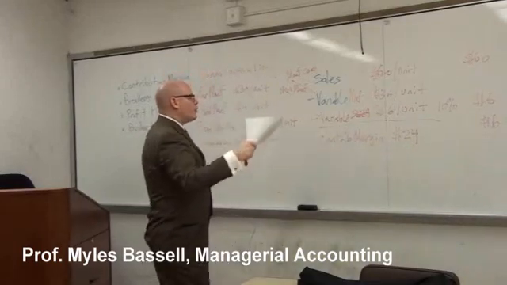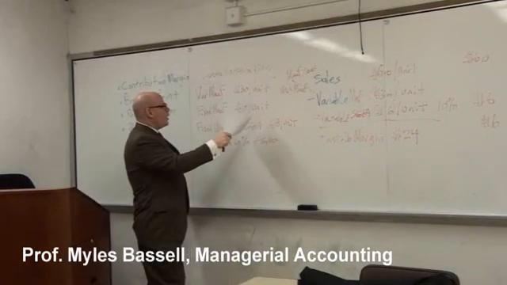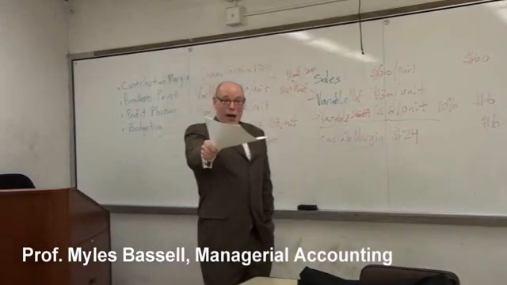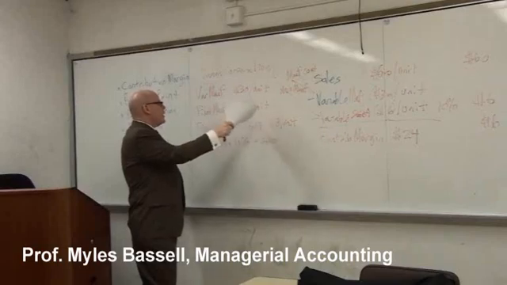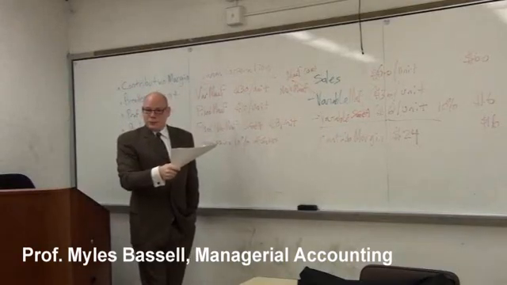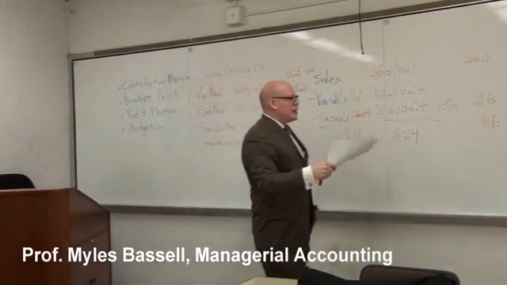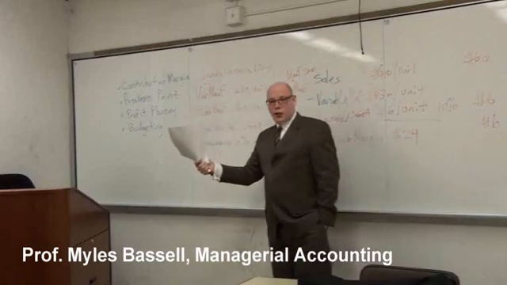But what we know from a previous analysis, and this is something that we assumed here, is that within the relevant range, the fixed manufacturing cost is $10 per unit. And then what we want to understand is how that might change if we increase the level of production.